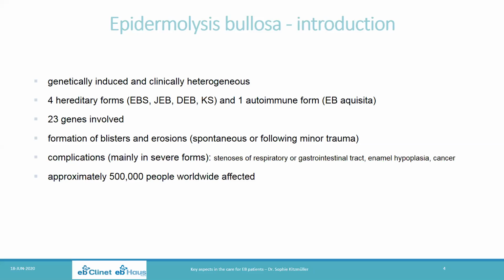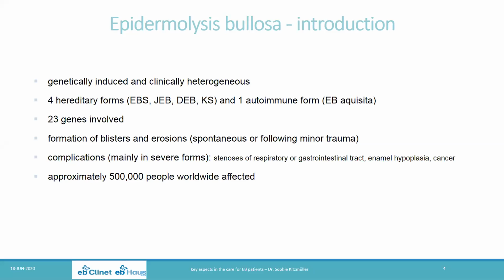And this can either be following minor trauma, which means a simple falling down on the floor or a rub from a too tight jean, or can also arise spontaneously. There are a lot of complications which are mainly affecting the severe forms of epidermolysis bullosa, and those are, amongst others, but not limited to, the stenosis of the respiratory or gastrointestinal tract, which mainly have to be corrected surgically.